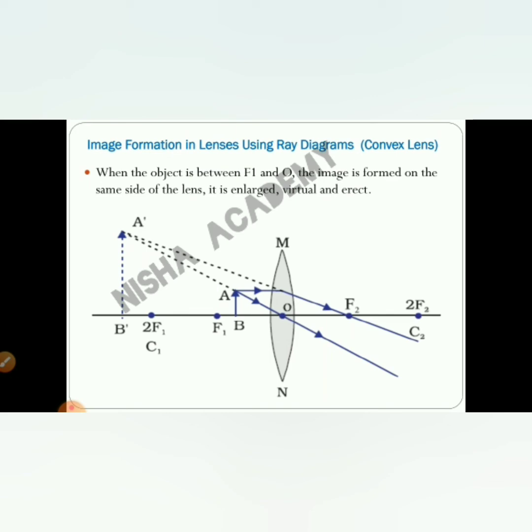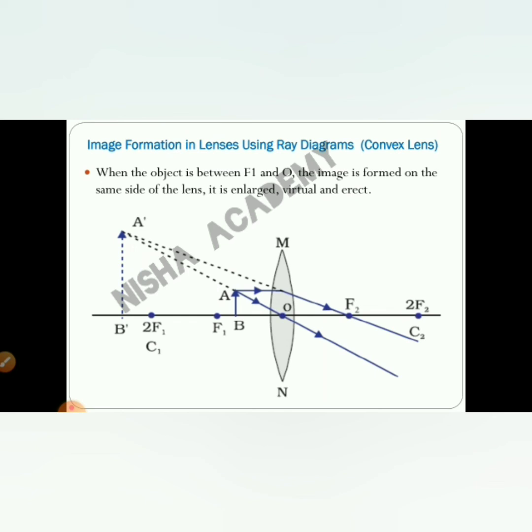So to create the image, what do we need to do? We need to extend the rays in the backward direction, so they will meet on the same side of the lens, which is indicated by the image A dash B dash, shown by the dotted arrow on the left hand side of the lens, the same side as the object.